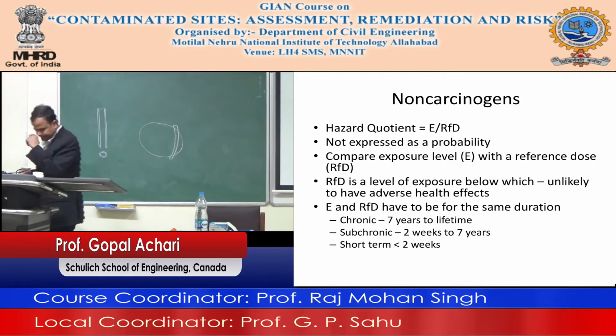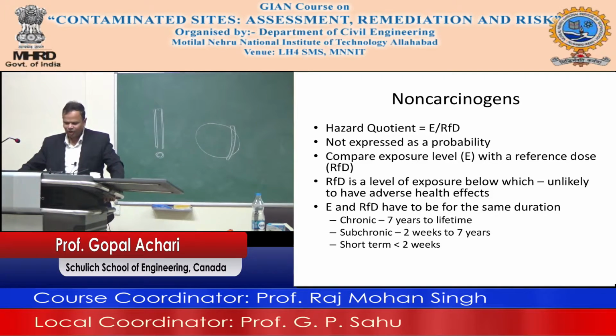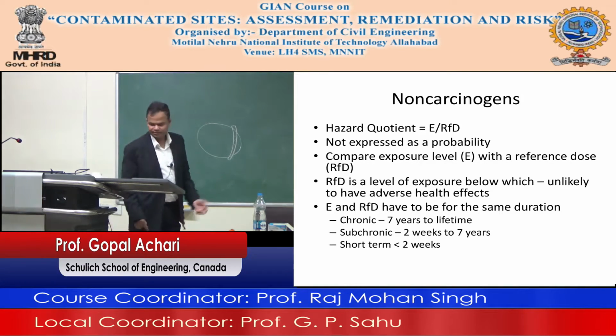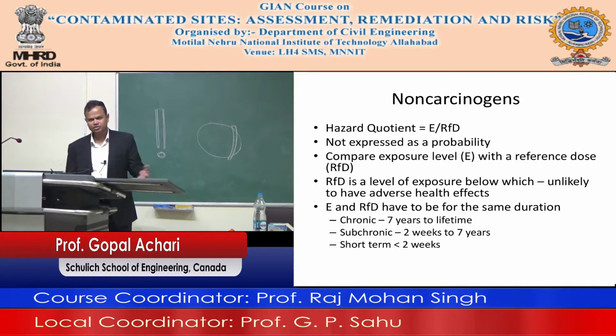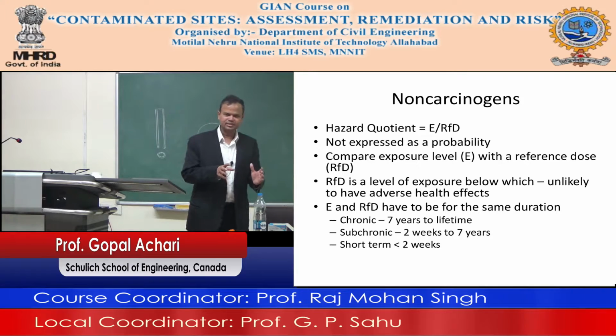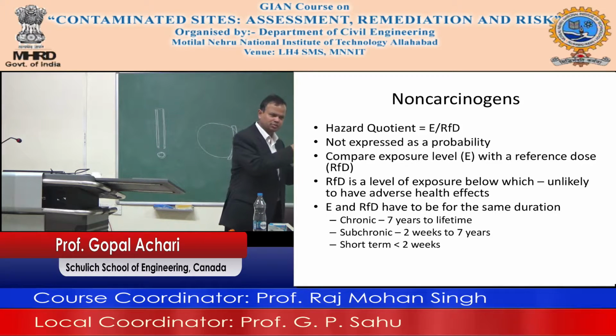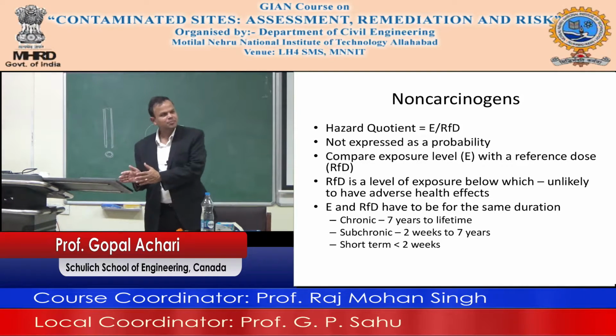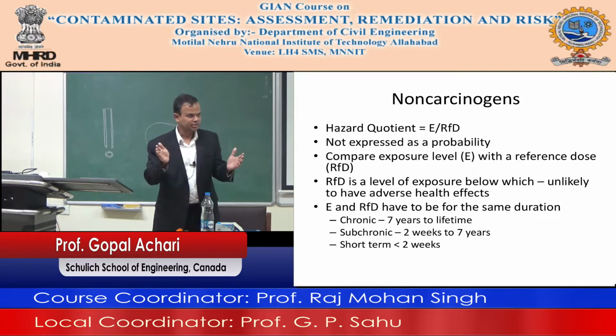So all we need is to find out the exposure and the RfD for the same duration. For chronic, it's 7 years to a lifetime. For subchronic, 2 weeks to 7 years, and short term is 2 weeks. So all we are saying is, whatever exposure period is happening, make sure you consider the same reference dose for that period.